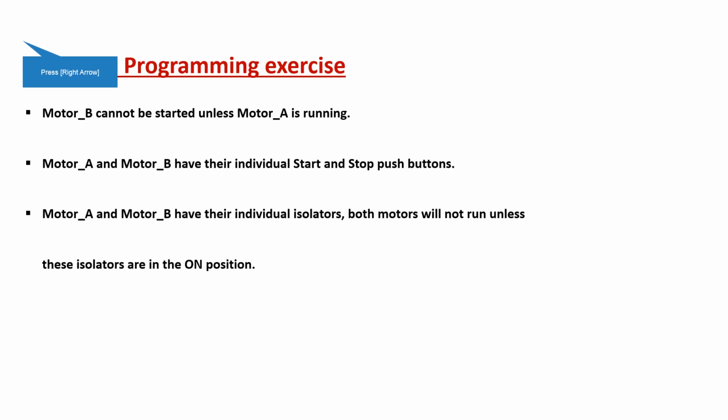It will only run if these isolators are in the on position. Next instruction: in this exercise, we will not consider overload settings and motor temperature. We're going to leave that out for now. I just want us to go step by step and write a small program on main OB1 based on these instructions.